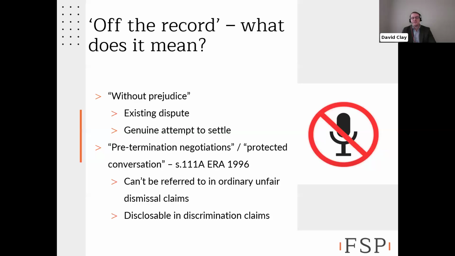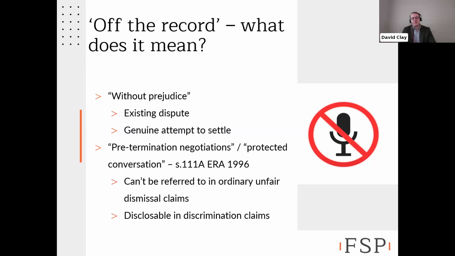So this concept of pre-termination negotiations was developed to enable employers, in theory, to have more open conversations with their employees about agreeing exit terms. However, in reality, the extent of that protection is somewhat limited.